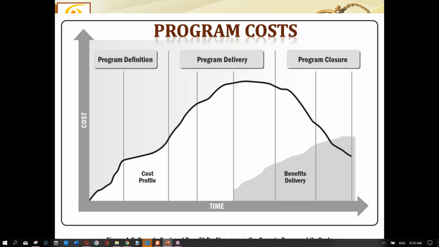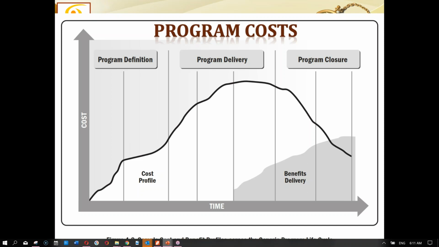Similarly, in program delivery, depending upon the components we are delivering, one component reaches its peak, and if the output of one project is to be used as input by another project, then it will take its own peak. Summarizing those peaks during program delivery, they create some kind of curves, and the expenses rise till they reach a higher point, and ultimately when we are closing the program, the same curvy kind of closure happens at the end.